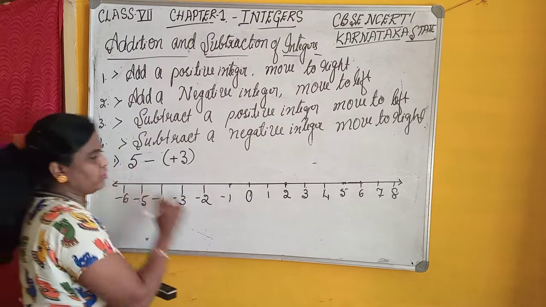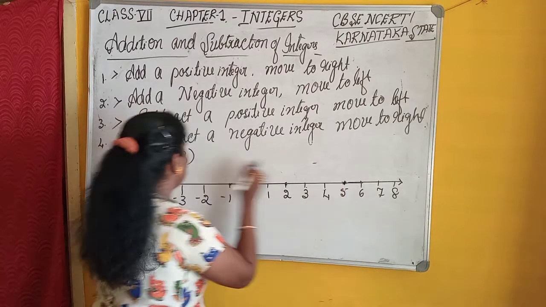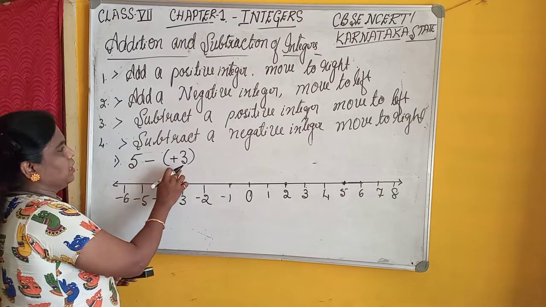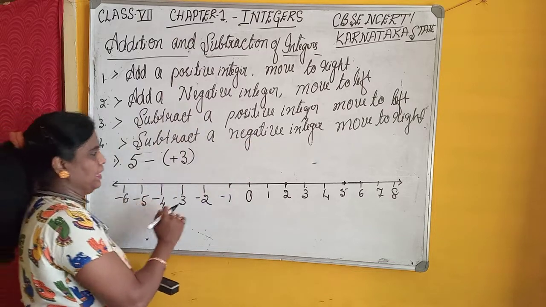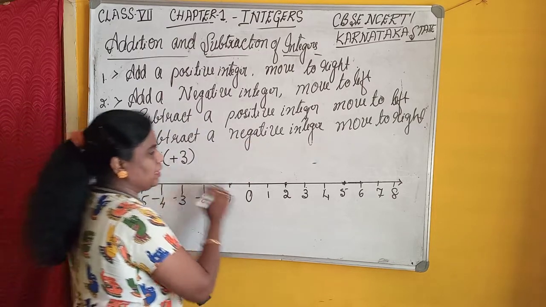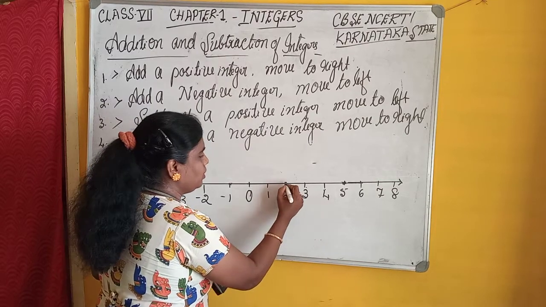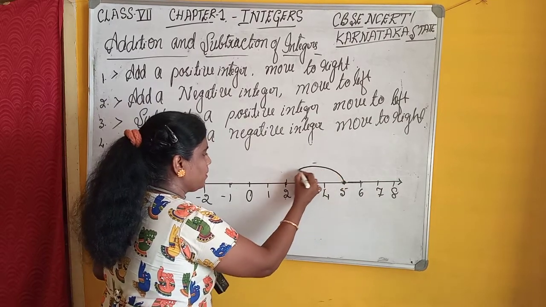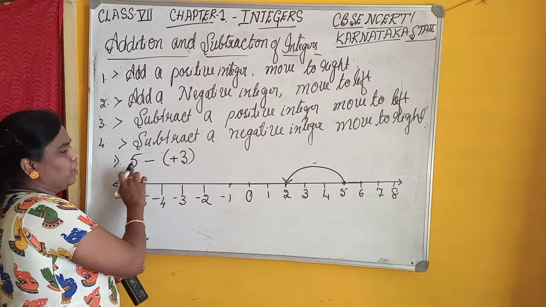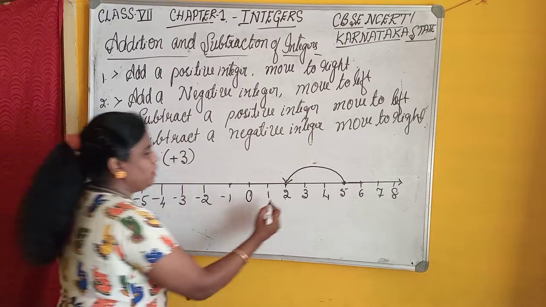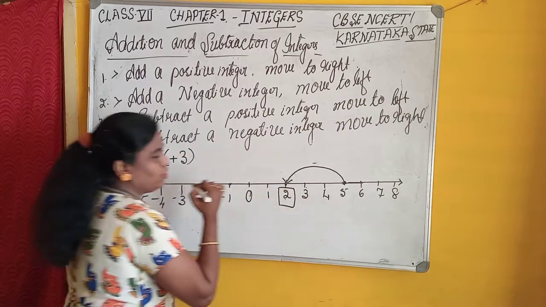Here from 5 will be the initial point, plus 5, and minus of plus 3. When you subtract a positive integer, move to left. 5, how many digits? 3. 1, 2, 3. Like this. Students following. 5 minus plus 3 will be 2.